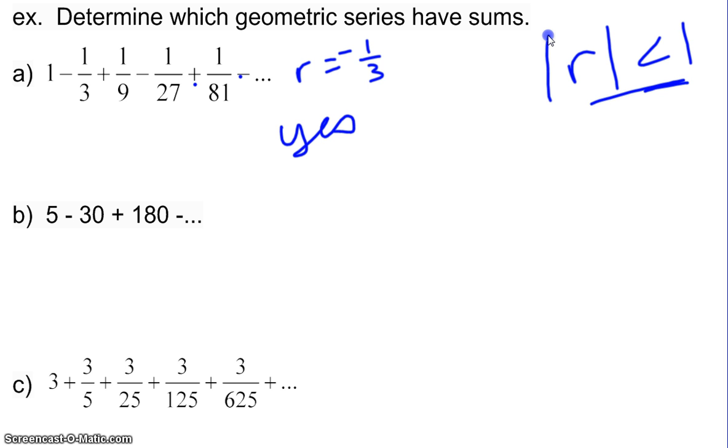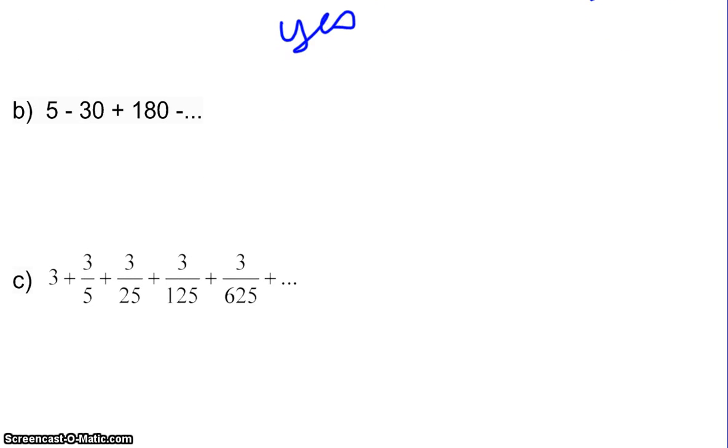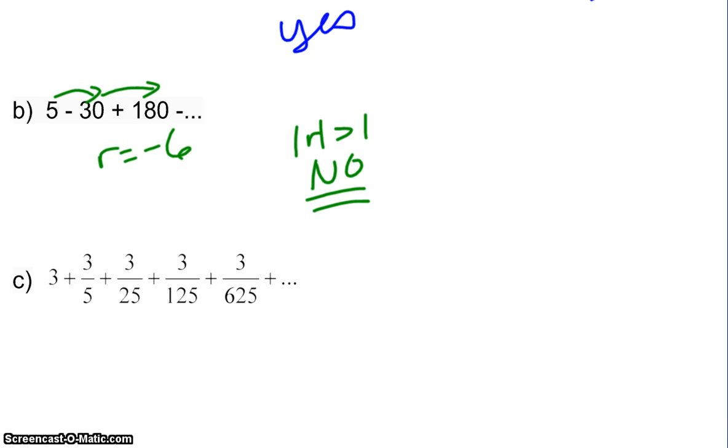In the second example, we have the ratio going from 5 to negative 30, and then negative 30 to 180. We have a ratio of negative 6. The absolute value of negative 6 is 6, therefore the absolute value of the ratio is greater than 1, therefore it does not have a sum.